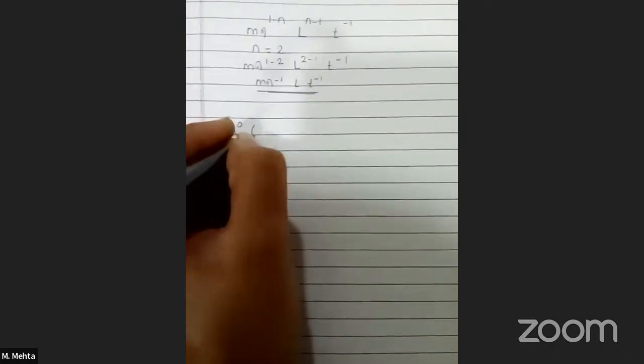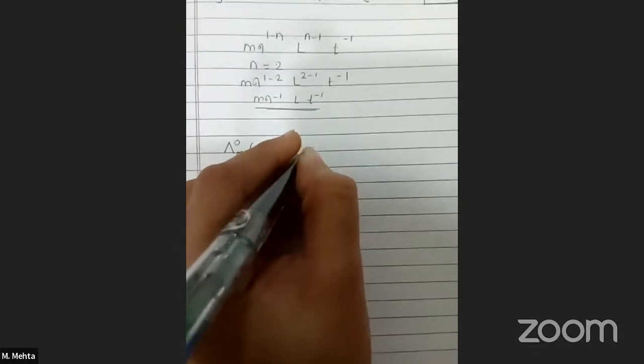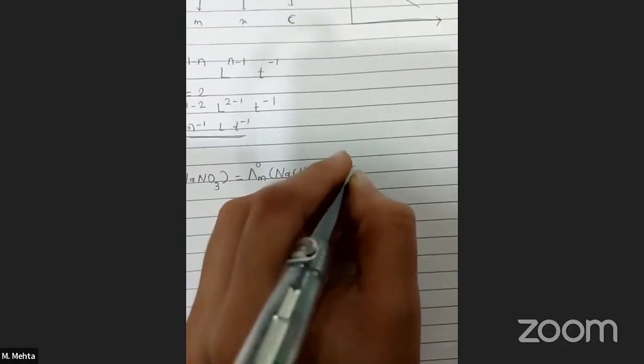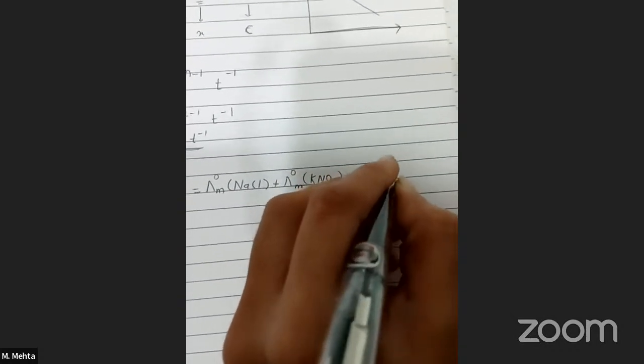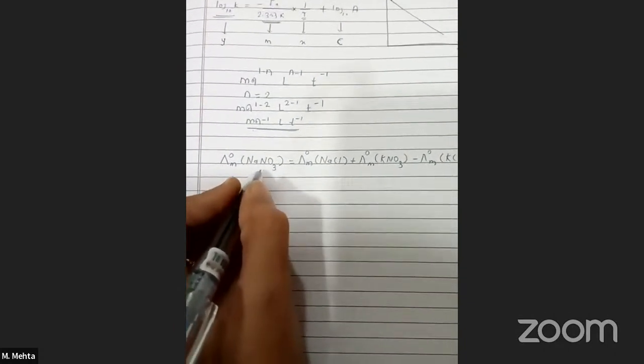Here I can show the application of Kohlrausch's law to find the molar conductivity of NaNO3. So the molar conductivity of NaNO3 is equal to the molar conductivity of NaCl plus the molar conductivity of KNO3 minus the molar conductivity of KCl. Why? Because we want Na plus and NO3 minus ions.